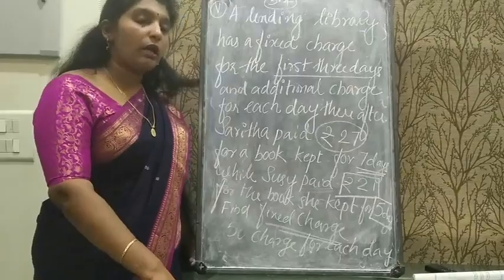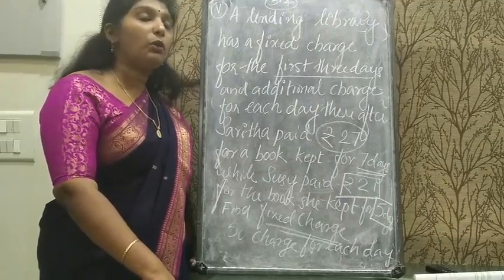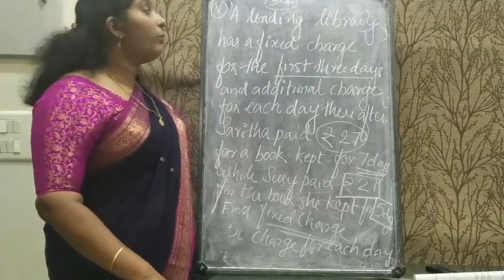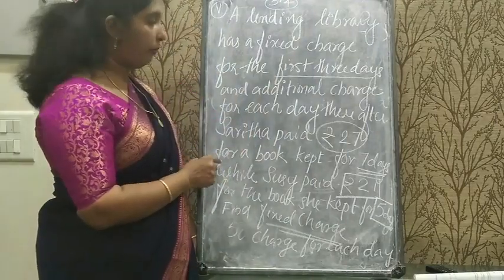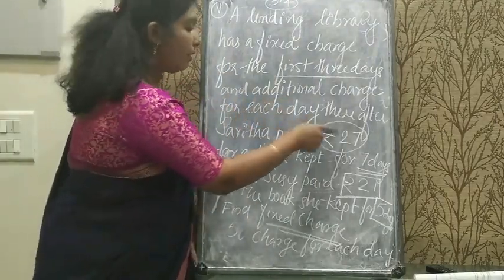Welcome back, students. I am going to explain sub question 5 of main question 2, exercise 3.4. A lending library has a fixed charge for the first 3 days and an additional charge for each day thereafter.